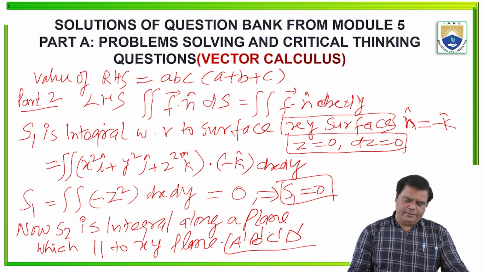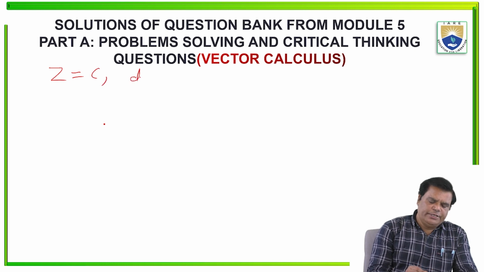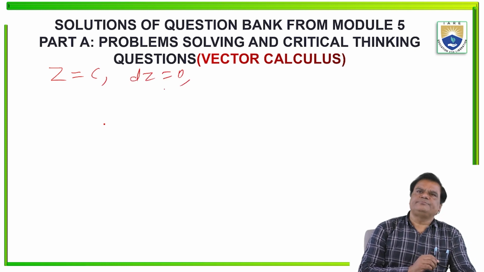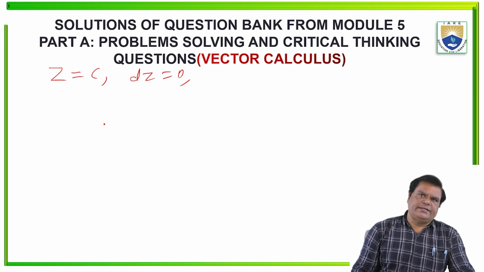In this plane, the value of z equals c. So dz equals 0. There is an increment in only z, while x and y are constant.